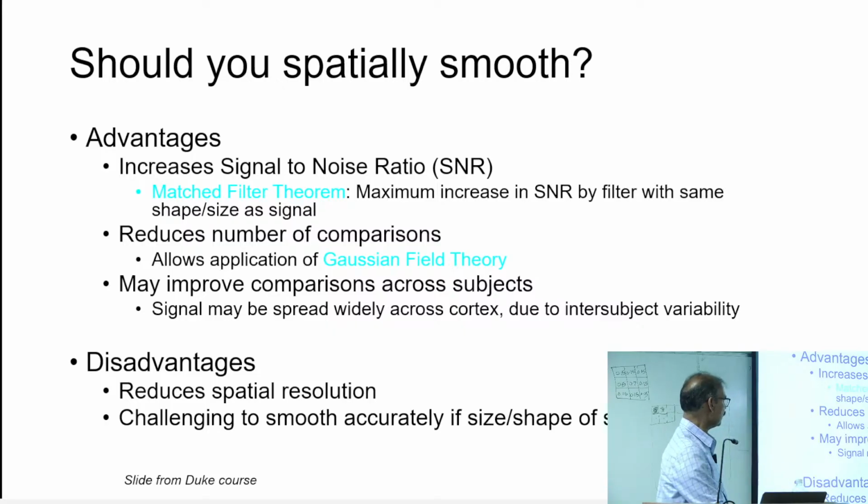Also, when you are using smoothing, it reduces the number of comparisons, because it reduces your degrees of freedom. So whether you're using Bonferroni or another method, it reduces the number of comparisons.